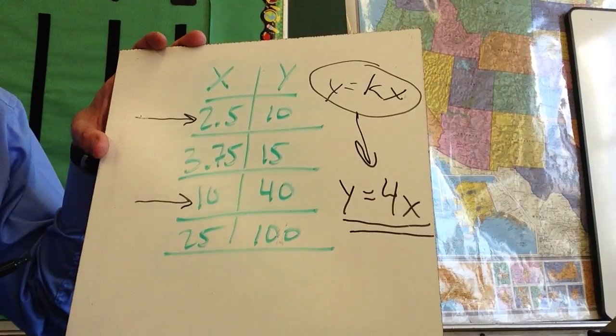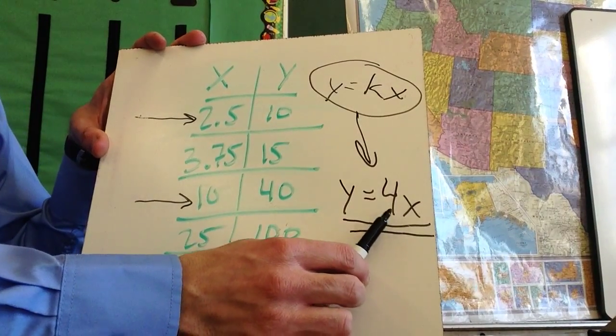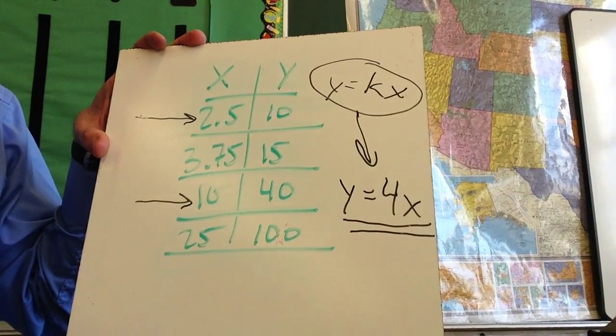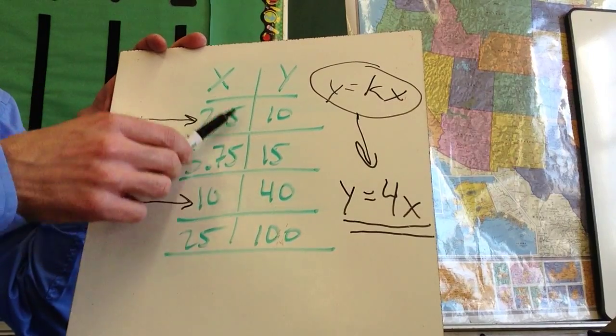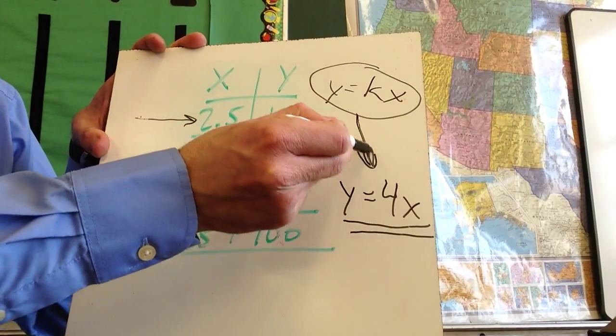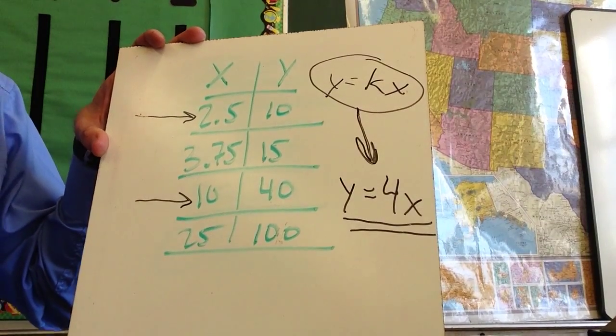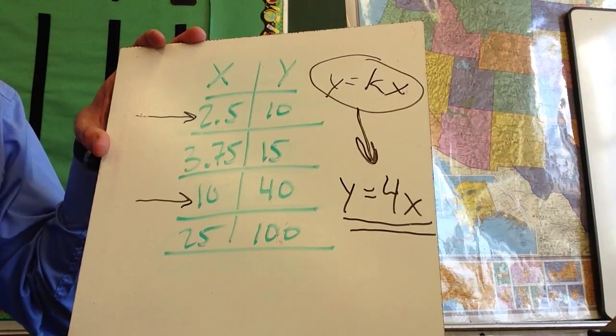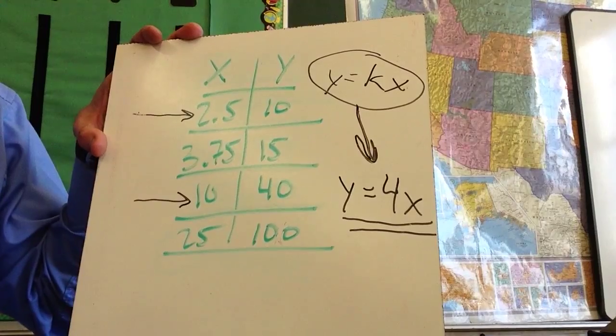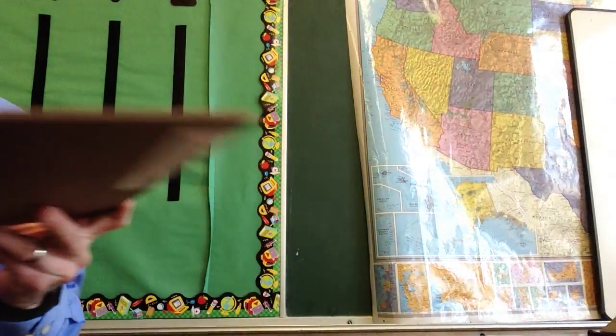I could take any number I want, substitute in for x, figure out what y is. So as you get this table, what I'm trying to do is figure out, okay, what is the equation, right? What is the formula, or if you want to call it that, it's really the equation to determine this direct variation.